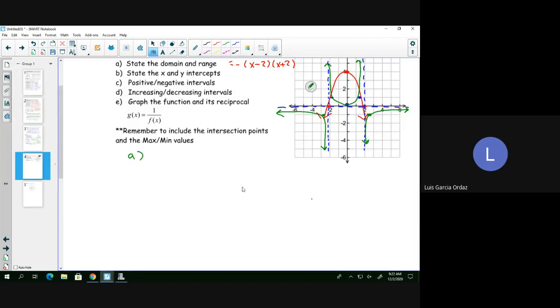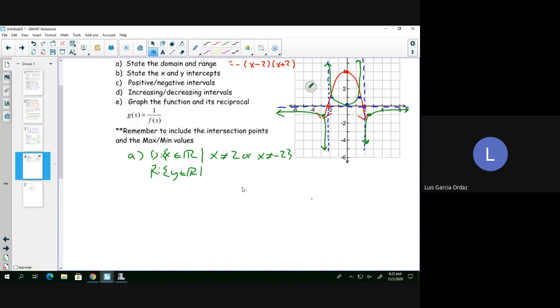So what is the domain and range for our reciprocal function? X is all real numbers, but X doesn't equal negative 2 or 2. Yep. And what is our range? Y cannot equal 0.